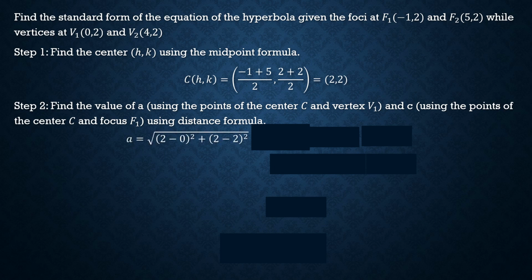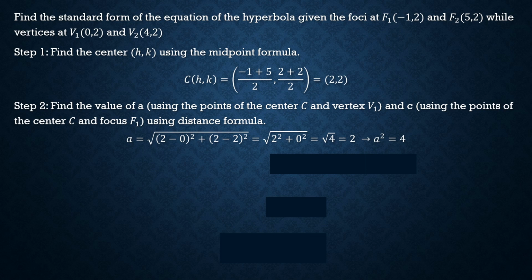Square root of 2 minus 0 squared plus 2 minus 2 squared. Okay, so may squared pa yan. So, equals, we have 2 squared plus 0 squared. So, we have square root of 4 equals 2. So, since 2 ang ating A, therefore A squared is equal to 4.